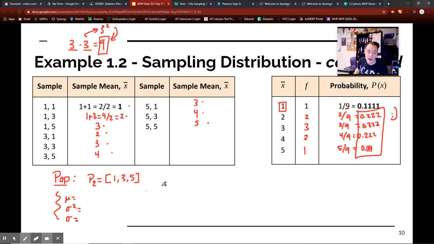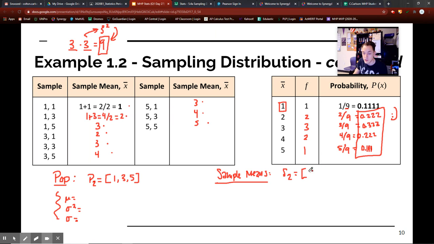Now, what we need to find is my population mean, variance, standard deviation, and so forth. But before that, I'm going to look at my sample means. My sample means, what do I have here? Okay, I have my sample means, let's just call it S sub 2. It doesn't matter what I call it.